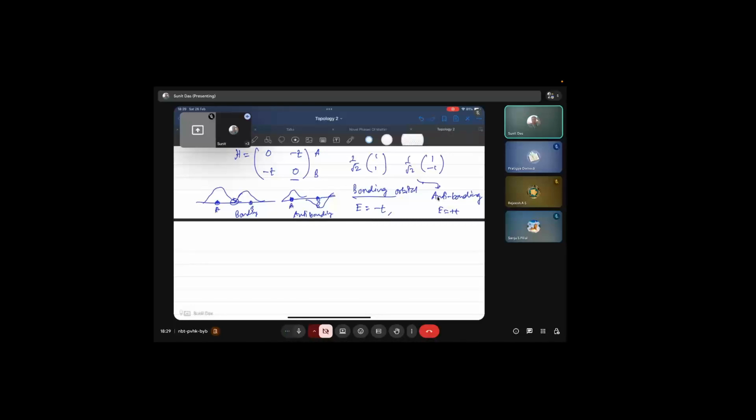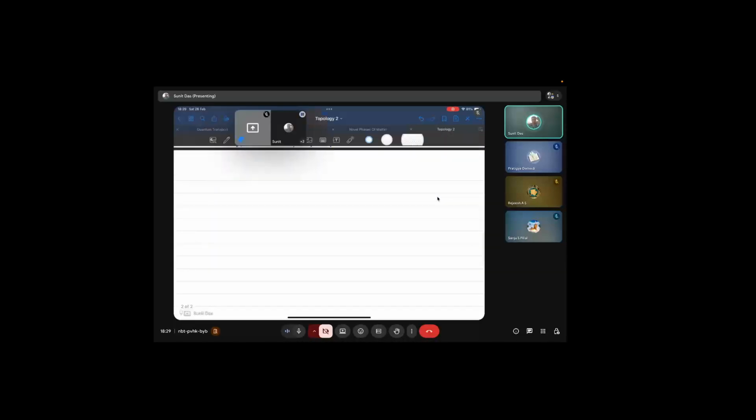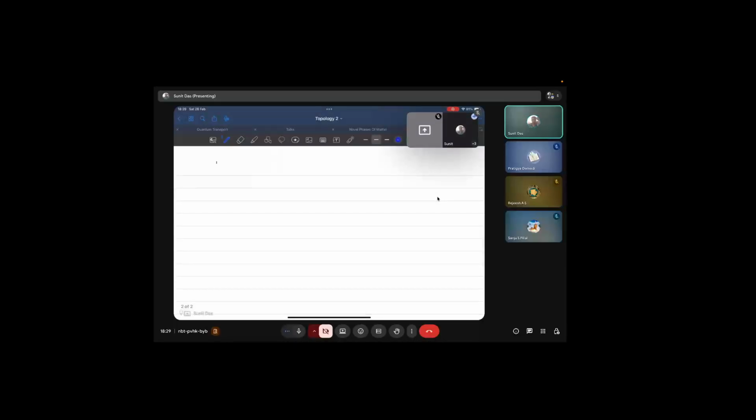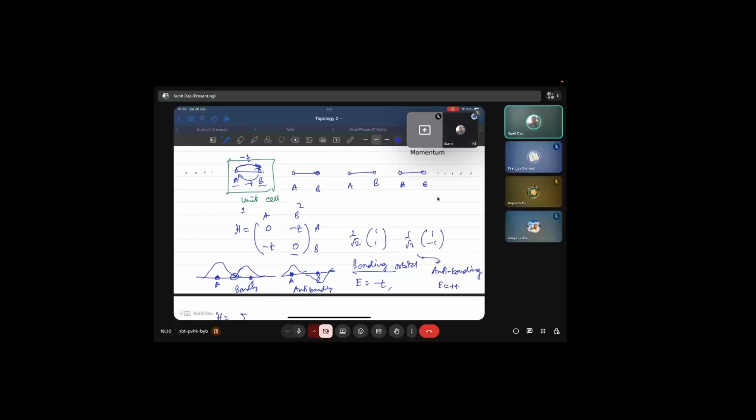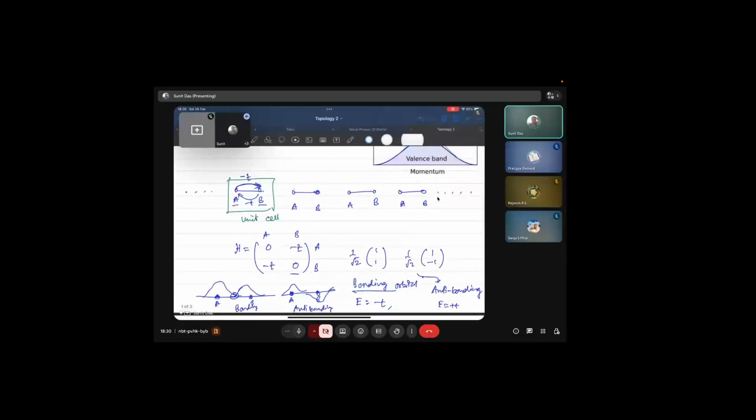Okay. So if we write the Hamiltonian in real space, we have a site, and this is the unit cell index. Let's say this is unit cell 1, this is unit cell 2, 3, 4, and then somewhere here 0, -1, and so on.